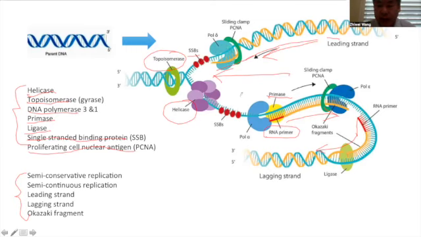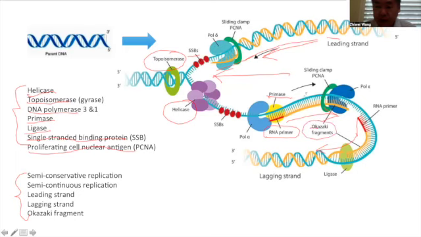On the other strand, however, the opening up of the strand happens in this direction, but DNA synthesis also goes from 5' to 3', so it has to proceed this way. So it cannot synthesize continuously. You have RNA primers, then short fragments of DNA synthesized. These fragments are called Okazaki fragments.